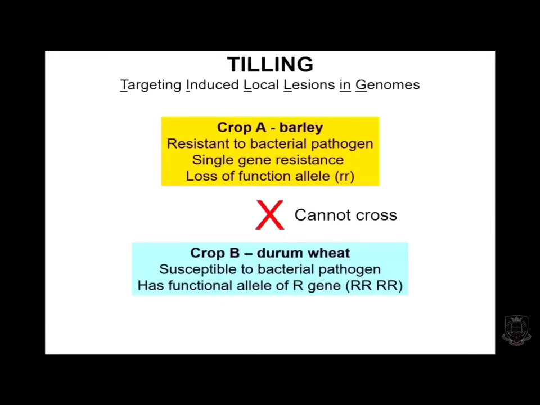Now you're working with wheat and this resistance doesn't exist in the population at present. But you look at the sequence of the genome and you realise that that homolog is present in wheat. It's just there isn't a mutant of it. So what you want to do is make a mutant of this and then test it to see if it will be resistant to this particular bacterial pathogen. But I can't use GM mechanisms. So what do you do?